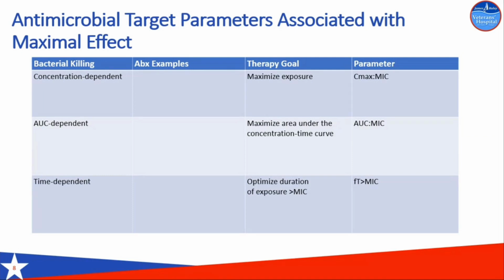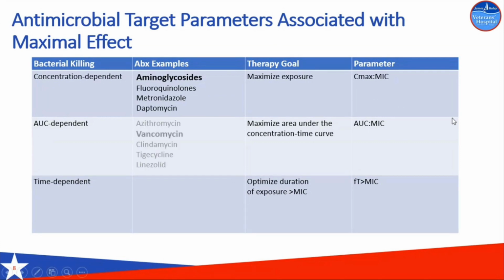For concentration-dependent antibiotics, the most common ones that we see, and one that we'll be talking about today, are the aminoglycosides, also quinolones, metronidazole. And the goal here is to maximize exposure because the higher above the MIC that you get, the more bactericidal activity there will be.